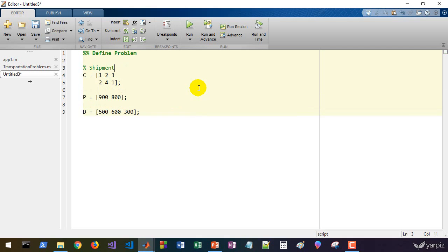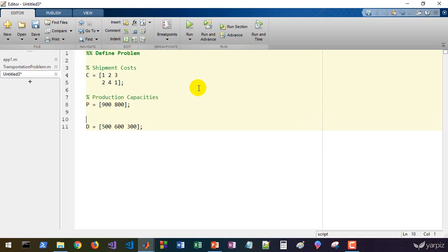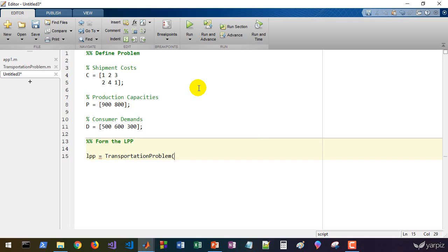Shipment costs, and this is the production capacities, and consumer demands. Form the LPP, linear programming problem, and LPP equals to transportation problem, C, P, and D. And let's solve the problem.